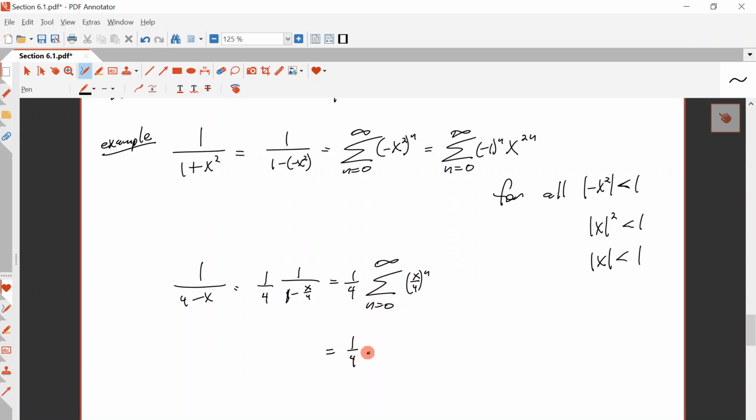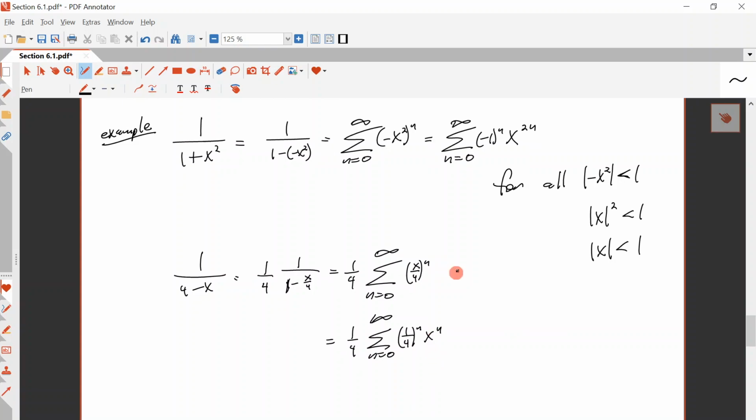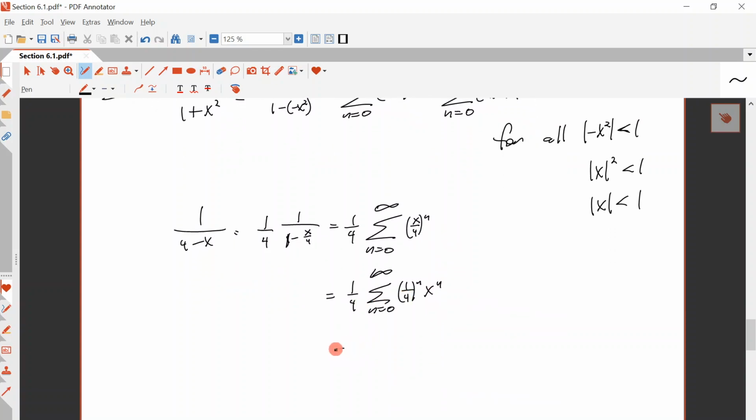So this is 1/4, the sum, n equals 0 to infinity, 1/4 to the n, x to the n. And if you want, you can bring that 1/4 back in there. 1/4 to the n plus 1, x to the n.